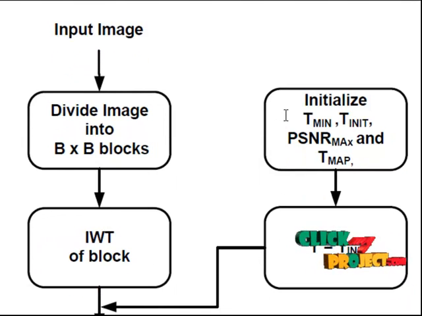First, we initialize T map to an M by B cross N by B zero matrix, where B is the user-defined size of block and M and N are the height and width of the input image respectively.